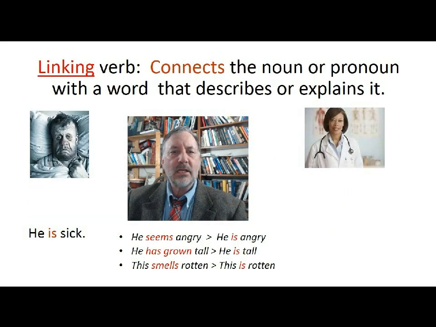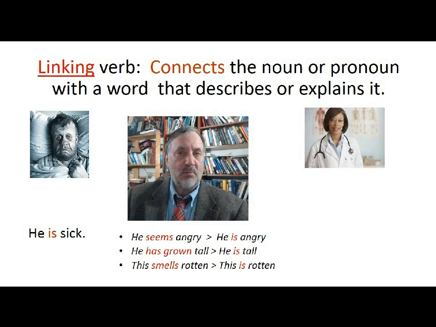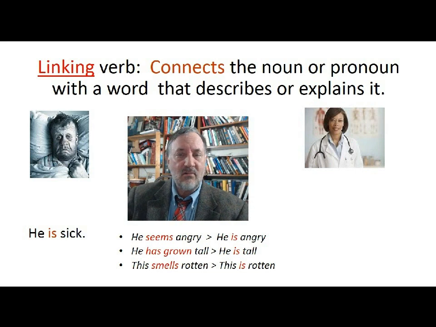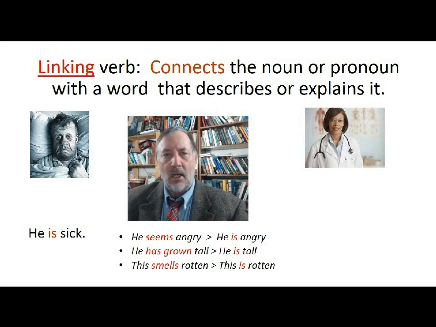A linking verb connects the noun or pronoun with the word that describes or explains it. And this word that describes or explains it could either be another noun or it could be an adjective, which we'll get to very shortly. But anyway, let me explain. So if I said he is sick, well, that sick is describing he, and the is right there, which is the form of to be that we use for the third person singular, is linking he with sick.